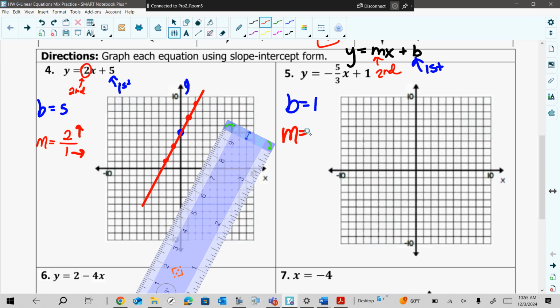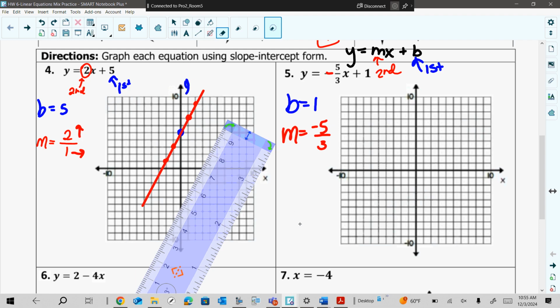I know it's a fraction, negative 5/3, but where does the negative sign go? Because right now it's just to the side here. It goes to the top. It's either to the top like that or to the bottom, but it can't go to both. Make sure you do not put it to both because that will turn into a positive. All right. So try and see if you can do 5.